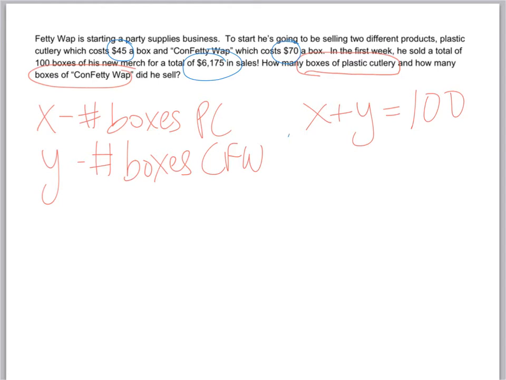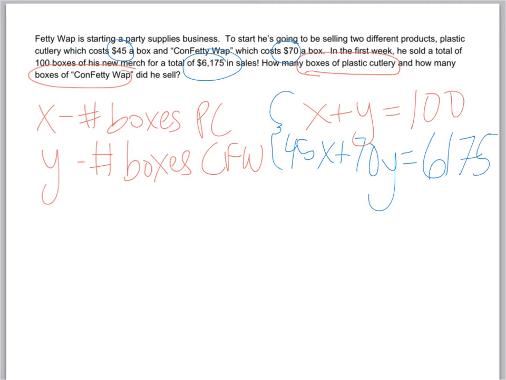It's $45 for every box of plastic cutlery, so 45 times the number of boxes of plastic cutlery, plus $70 times the number of boxes of confetti wap, because it's 70 for each box sold. And that gives us his total sales, $6,175. There's our system.